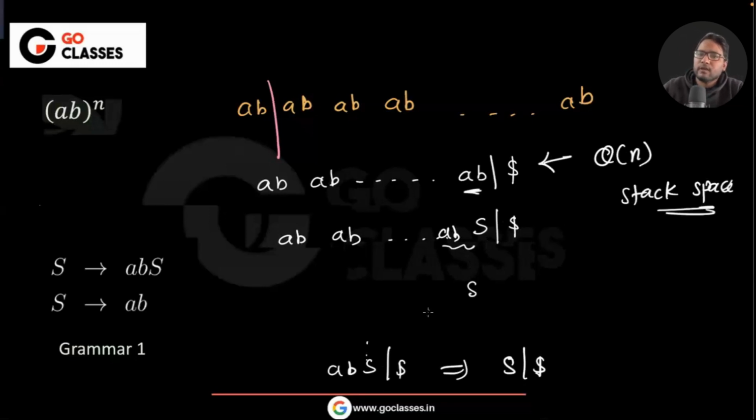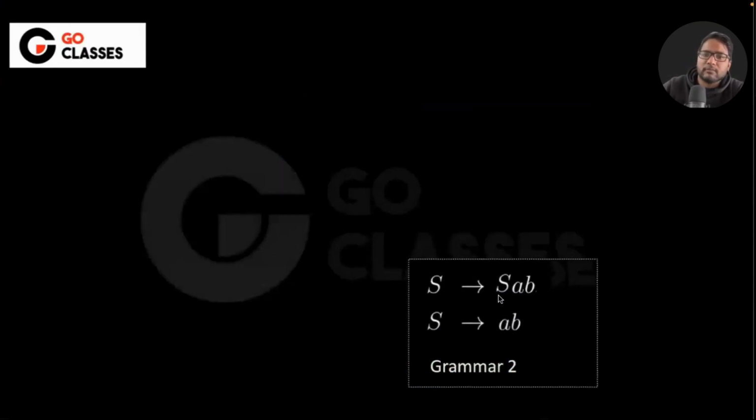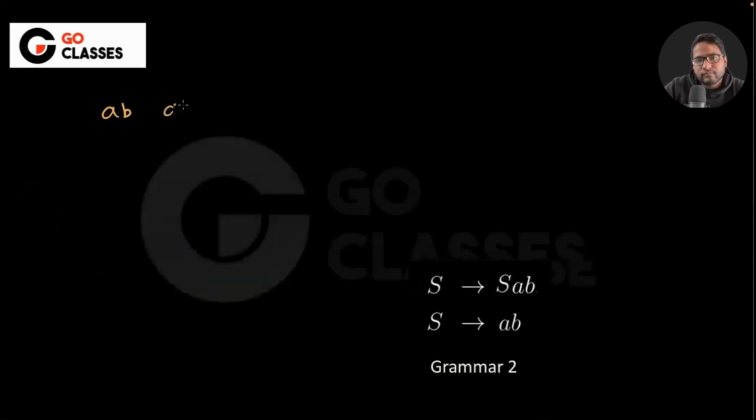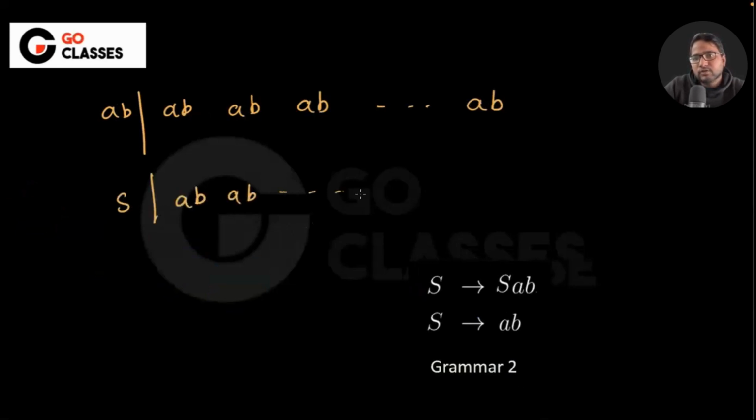But if you have, let's suppose, grammar 2, and you have the same string, now you tell me what you will do. Should you be reducing after this AB? Yes, right? We will be reducing. So in the stack, you have just one symbol here.